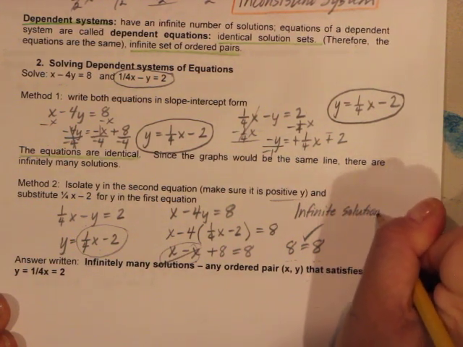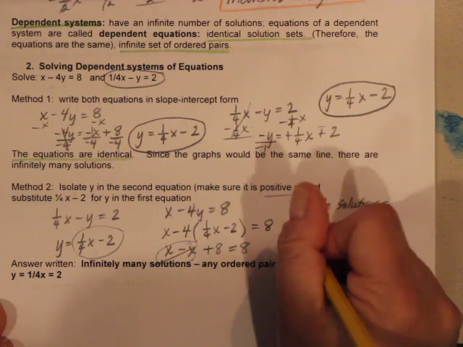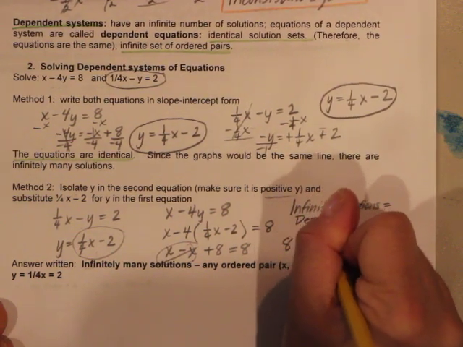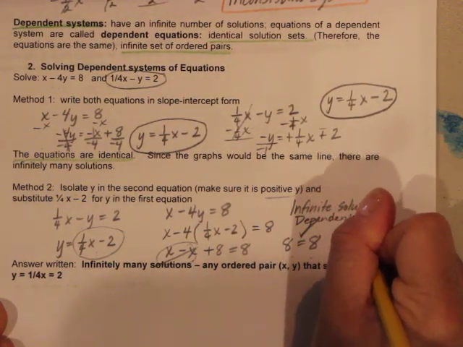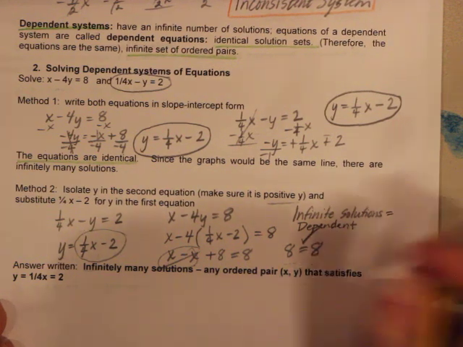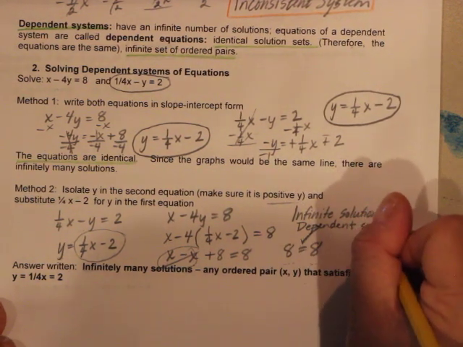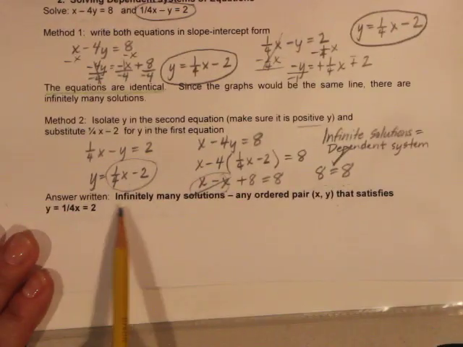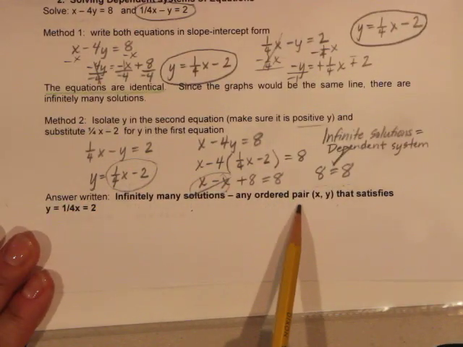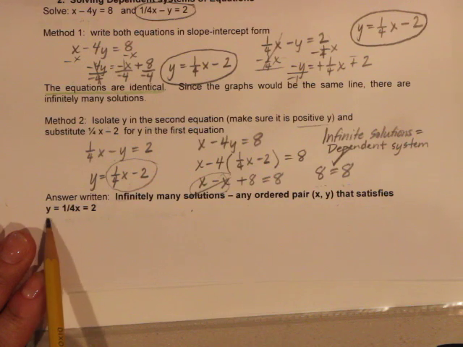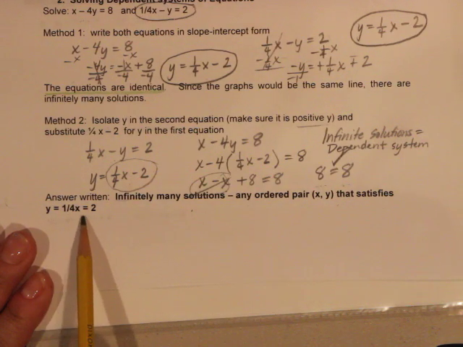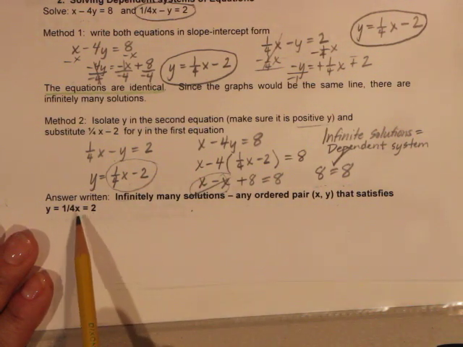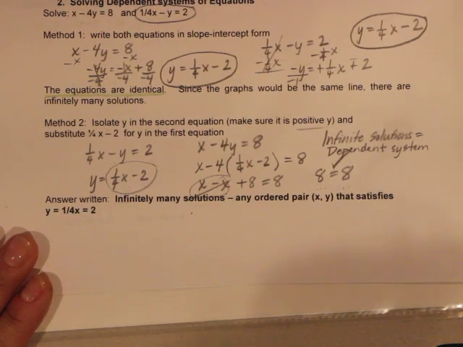Dependent has all E's in it, in case you're wondering. No A's. A dependent system. Infinitely many solutions, any ordered pair satisfies y equals 1/4 x equals 2. I think this is supposed to be a minus. I think that's a typo.